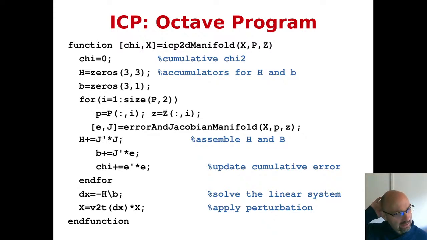In the previous slide, we were seeing a plus here. Now we see the box plus. So at the end of the accumulation, we solve our linear system as we were used to do, and we then have a perturbation on the chart that we need to apply to the previous solution.